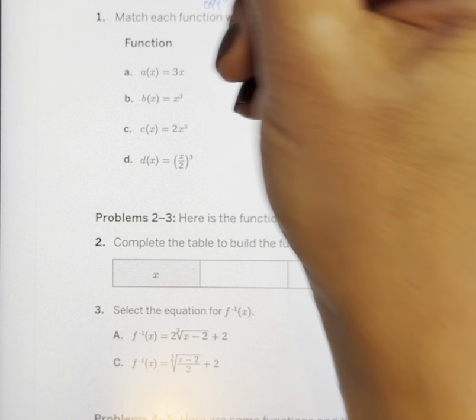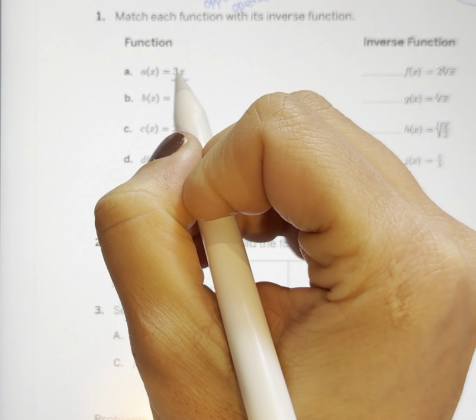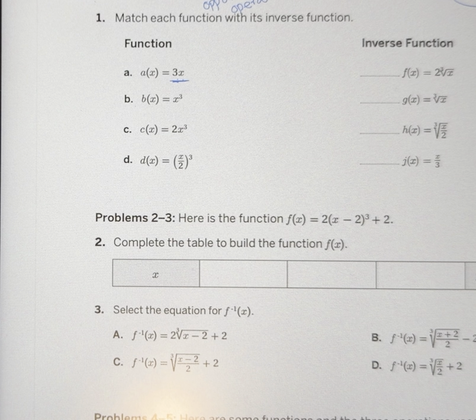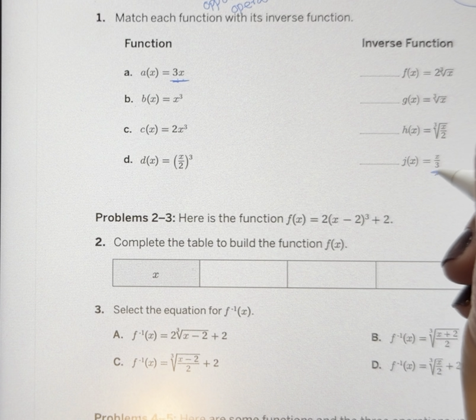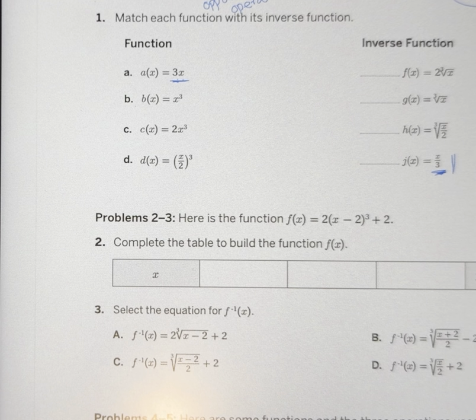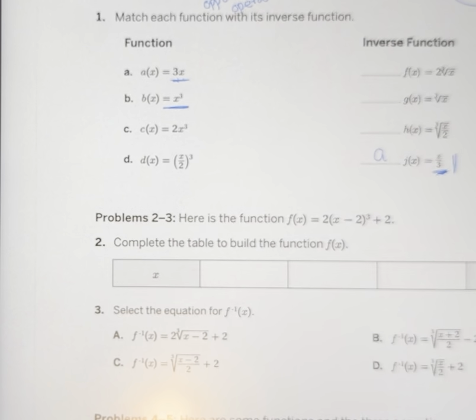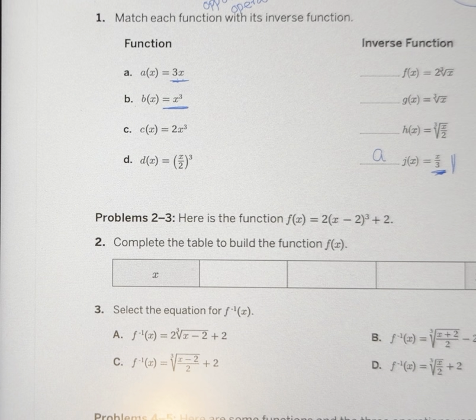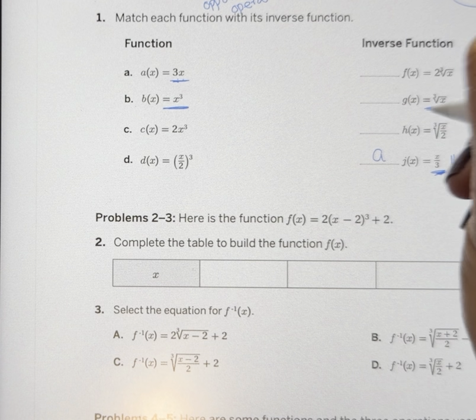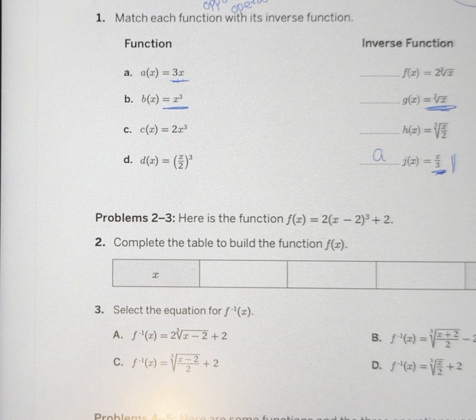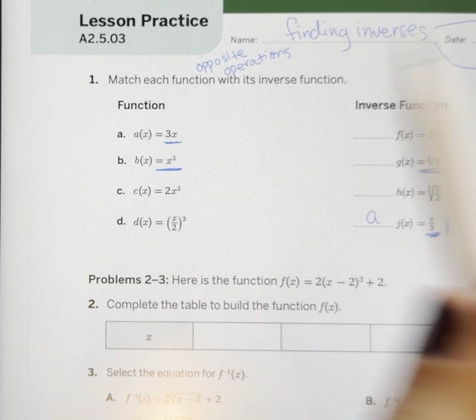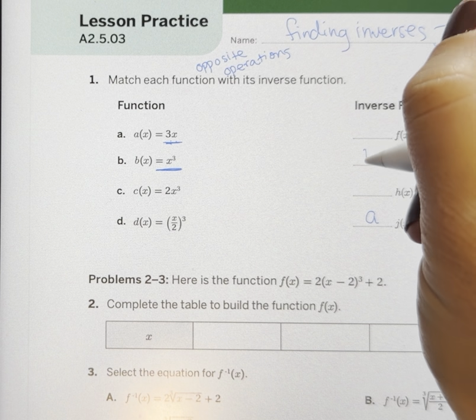For example, if the function has a 3 times x, you will see that the inverse has a x divided by 3. If your function has an x cubed, you'll see that the inverse has a cube root of x, because these are opposite operations. So this one is B.